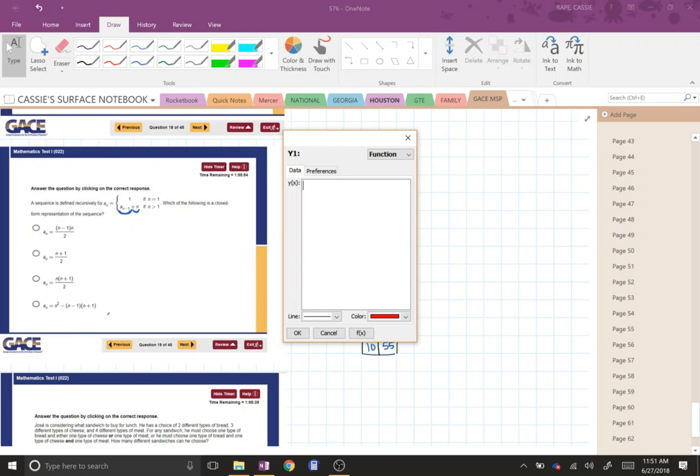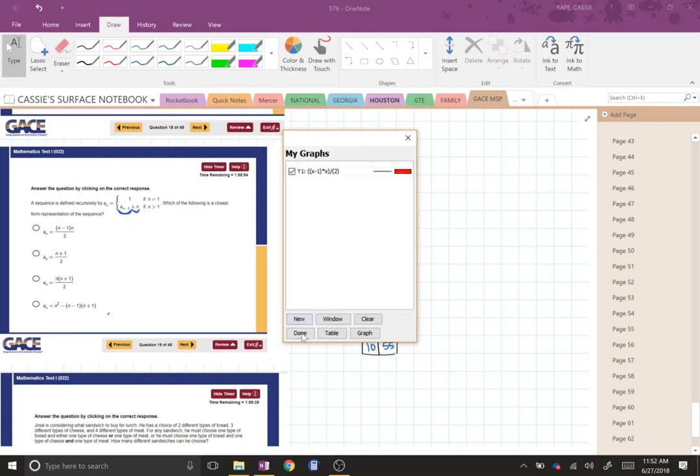So I'm going to enter x minus 1 times x. Now I'm going to back up here. That's an entire numerator, so I'm going to enclose the entire numerator in parentheses and then divide it by 2. My rule of thumb is the entire numerator and entire denominator go into parentheses, which is what I've got there.